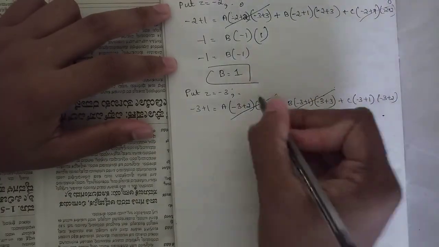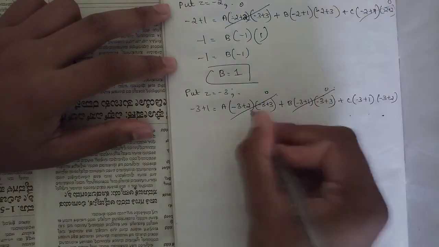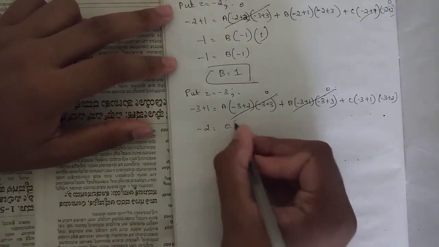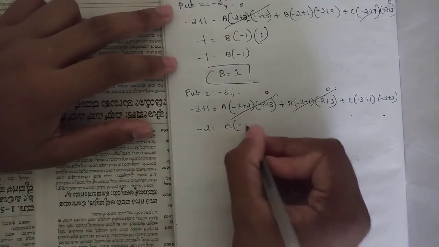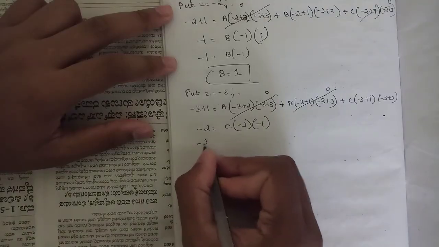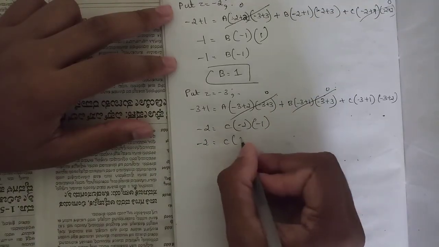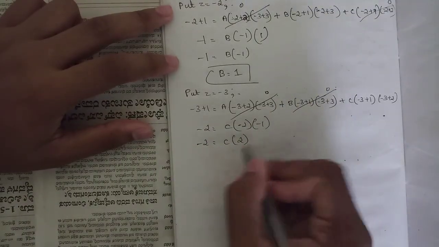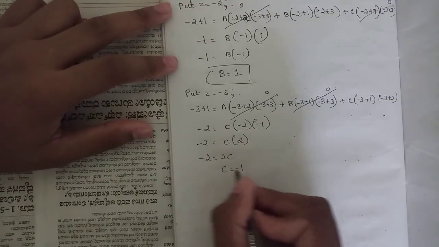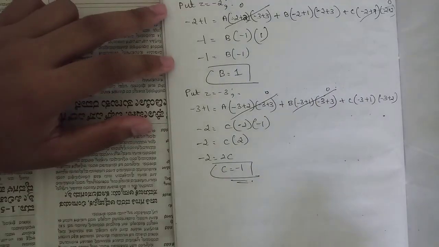So we can cancel these two terms because minus 3 plus 3 is 0, right? So minus 3 plus 1 is minus 2. C into minus 3 plus 1 is again minus 2. Minus 3 plus 2 is minus 1. Minus 2 equal to c into minus 2 into minus 1 is plus 2. So minus 2 equal to 2c. Therefore the value of c which we get here is minus 1.